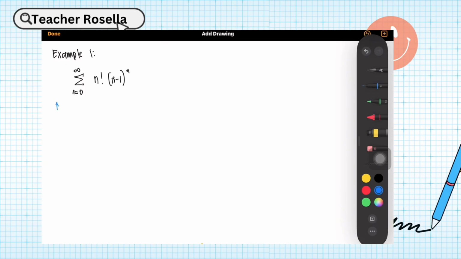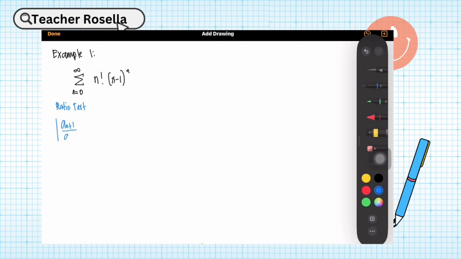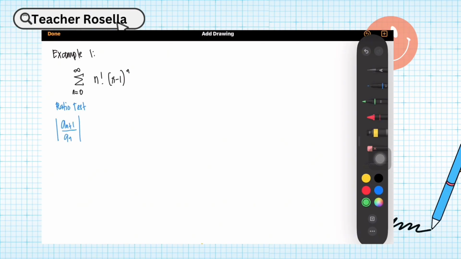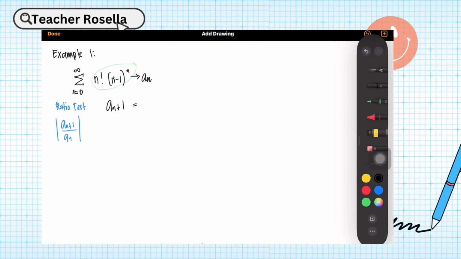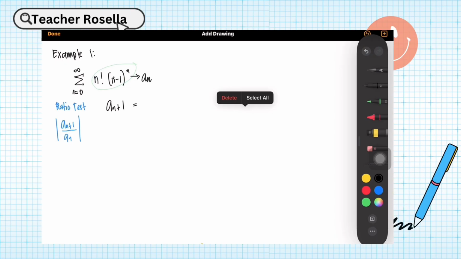Now, we will apply the ratio test. We have the limit as n approaches infinity of the absolute value of a sub n plus 1 over a sub n. So our given will be our a sub n. To get our a sub n plus 1, we just have to put plus 1 in every n term.